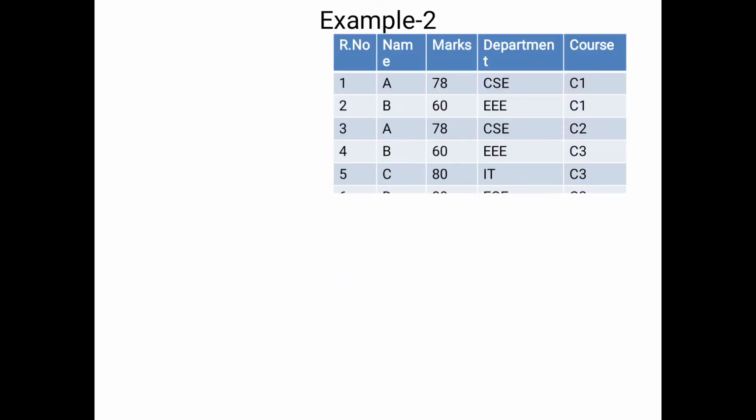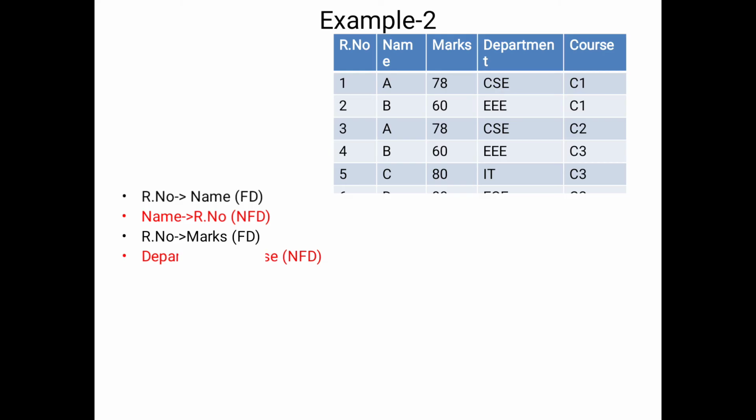Now we will see another example. In this I will consider five fields of information and six tuples. Please observe here, roll number implies name. What is the name of roll number 2, 3, 4, 5? We will simply say that definitely we will identify.